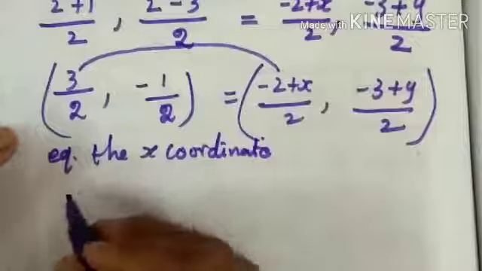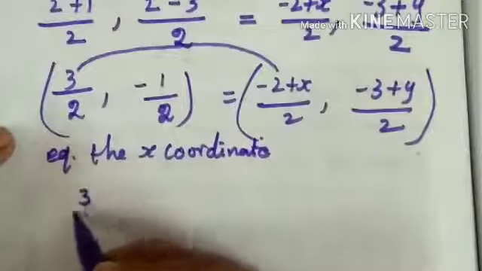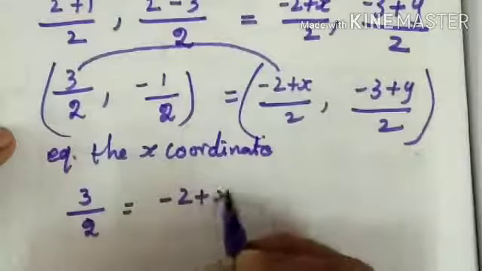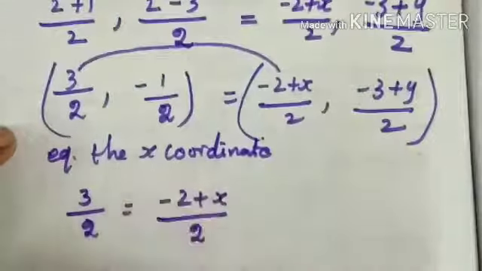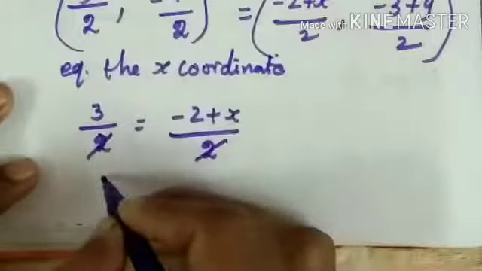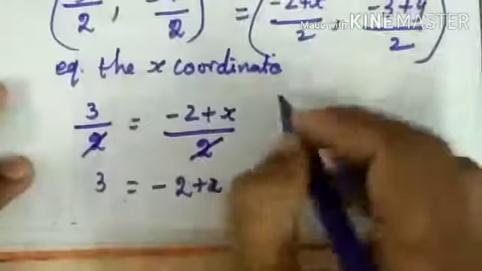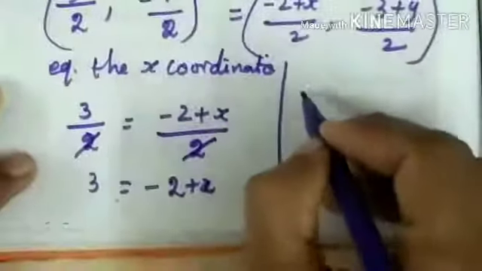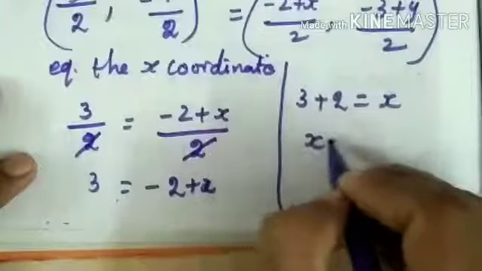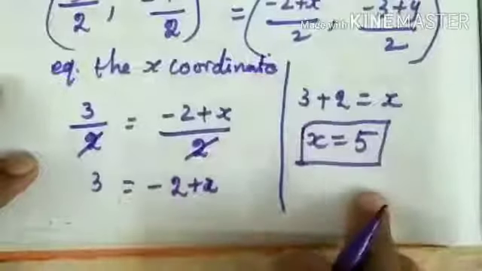Then we get 3 by 2 is equal to minus 2 plus x by 2. Cancel this 2. Now we have 3 is equal to minus 2 plus x, that is 3 plus 2 is equal to x, therefore x is equal to 5. The value of x is 5.